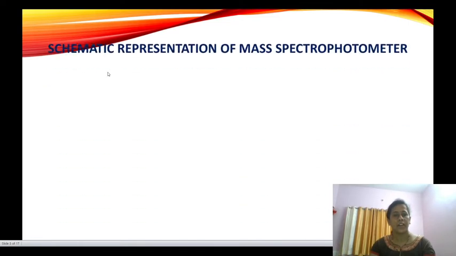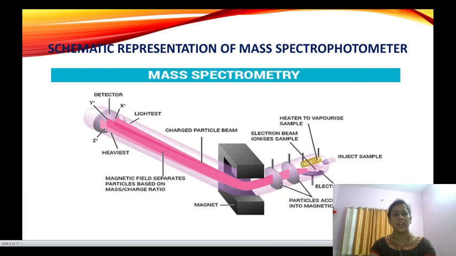Let us see here. This is a three-dimensional schematic representation of the mass spectrometer. Already I have shown you the simple diagrammatic representation. In 3D, there is a schematic representation of a mass spectrometer. Here, from the right side, the sample is injected with a source of high beam of electrons.